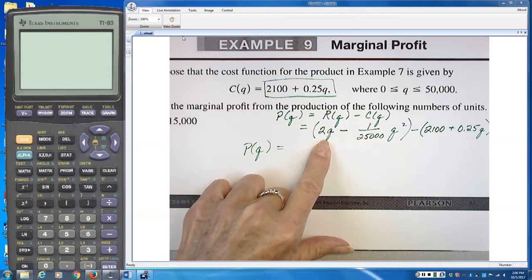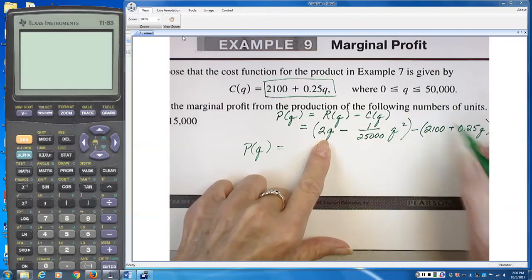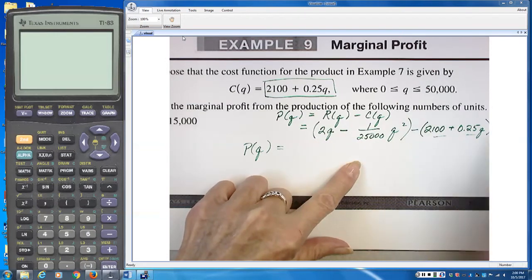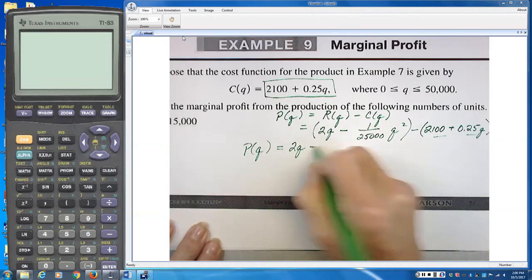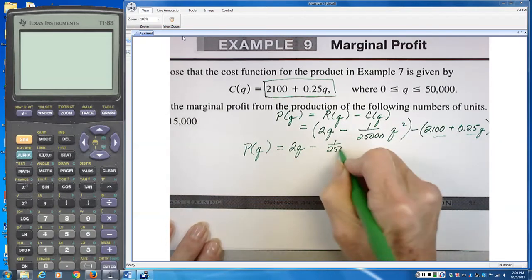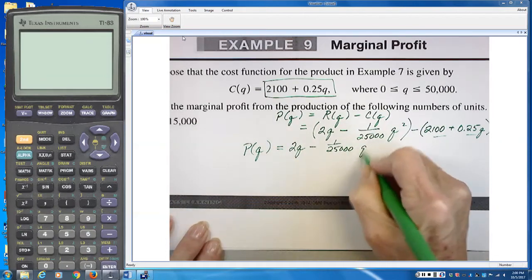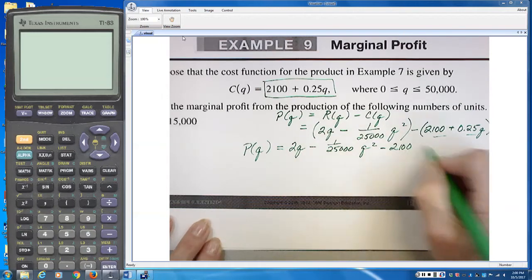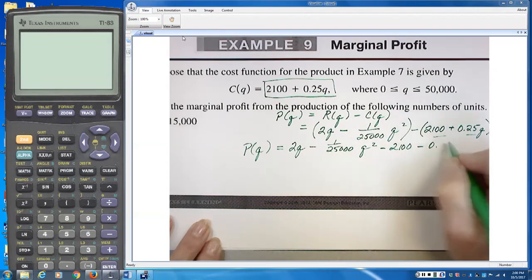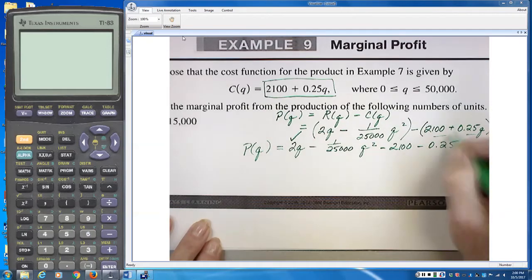But it's not hard, because we need to remember that we're taking the opposite of both of these. So that's going to be 2Q minus 1 over 25,000 Q squared minus 2100 minus 0.25 Q.